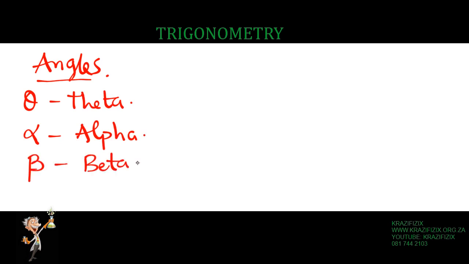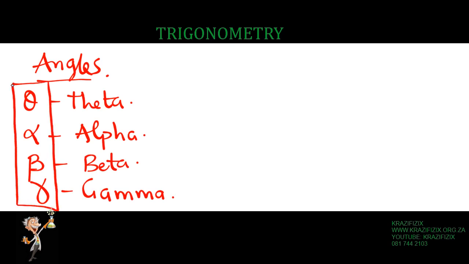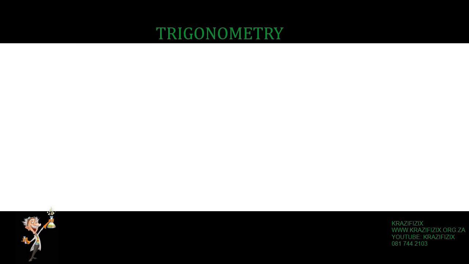We could also use this, which is called gamma. So all of this could be used as angle representation. We could talk about angle alpha, angle theta, angle beta, angle gamma. These are just Greek representations in mathematics.